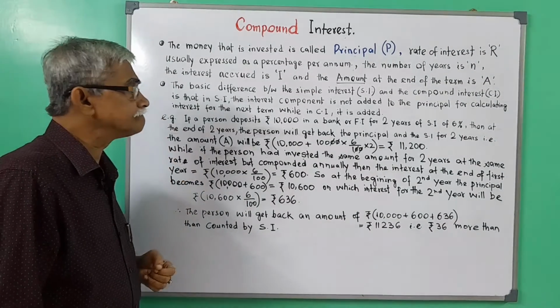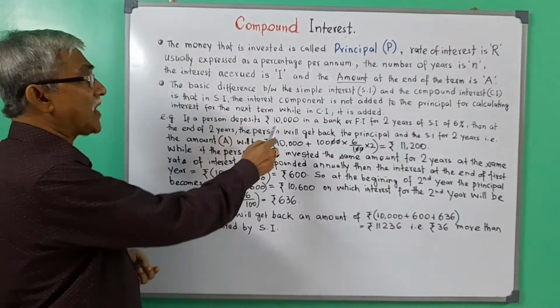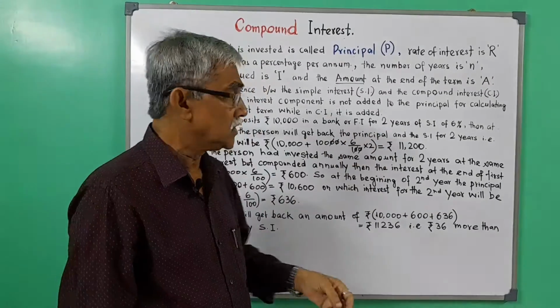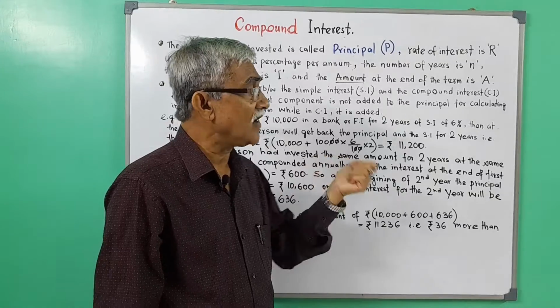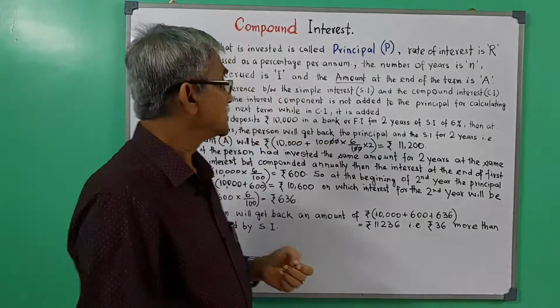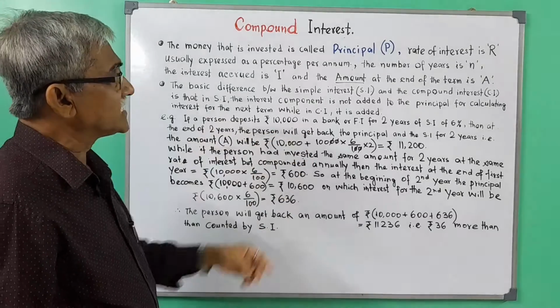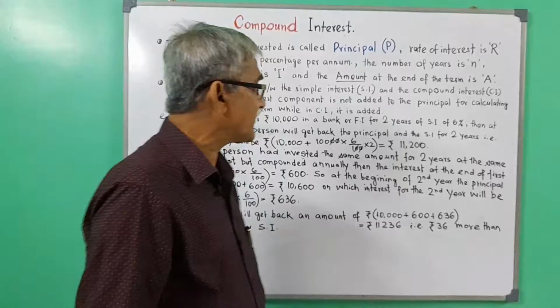For example, if a person deposits rupees 10,000 in a bank or FI, meaning a financial institution, for 2 years at SI of 6%, then at the end of the 2 years, the person will get back the principal along with the SI for 2 years.